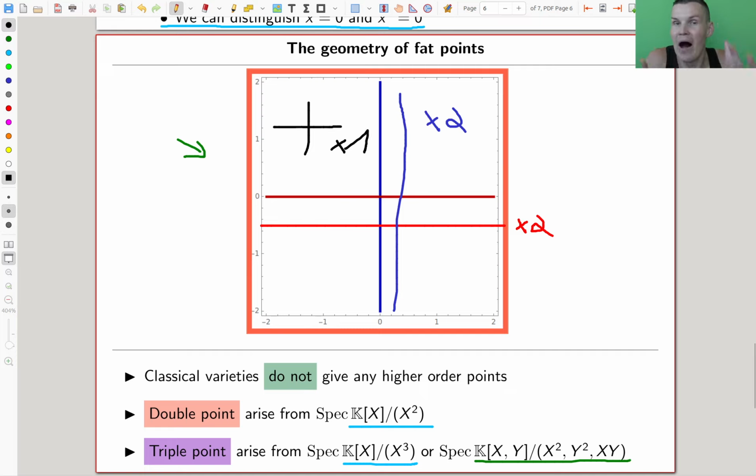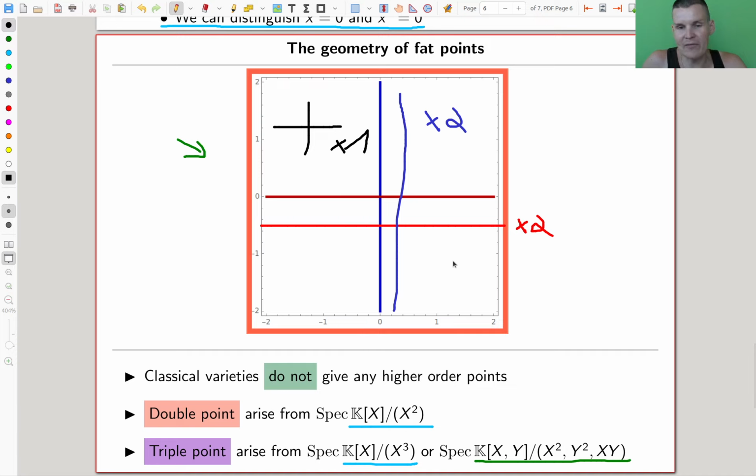Because it's just xy. So you run it once. So now take everything together, you have 2 plus 1 at every coordinate axis, so you kind of have a triple point. Calling it a point is a bit of a stretch here, but that's how we can measure multiplicities in a space. It's kind of a nice geometric picture.